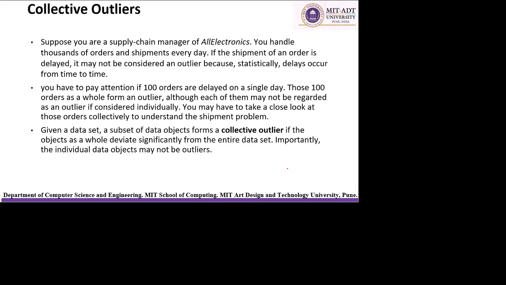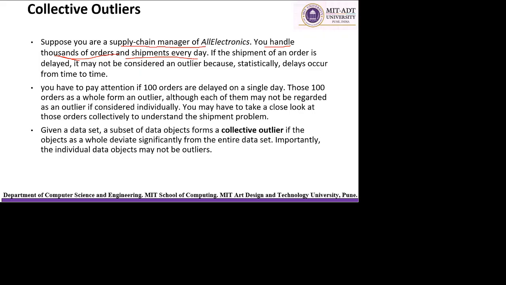And the third type of outlier is the collective outliers. As the name suggests, collective means a group. For example, in the AllElectronics data, a supply chain manager of AllElectronics needs to handle thousands of orders and shipments every day.